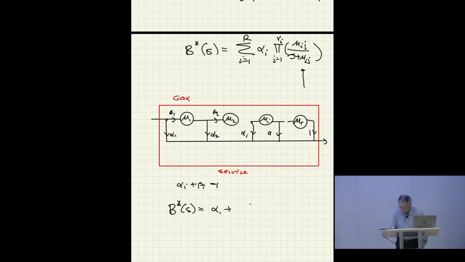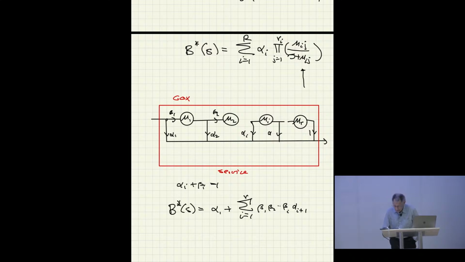We're going to go through a bunch of things. We're going to have a sum from I equals 1 up to R, the number of stages, of probabilities beta 1 times beta 2 times beta I times alpha I plus 1, which means you leave just before you enter the I plus 1 stage.